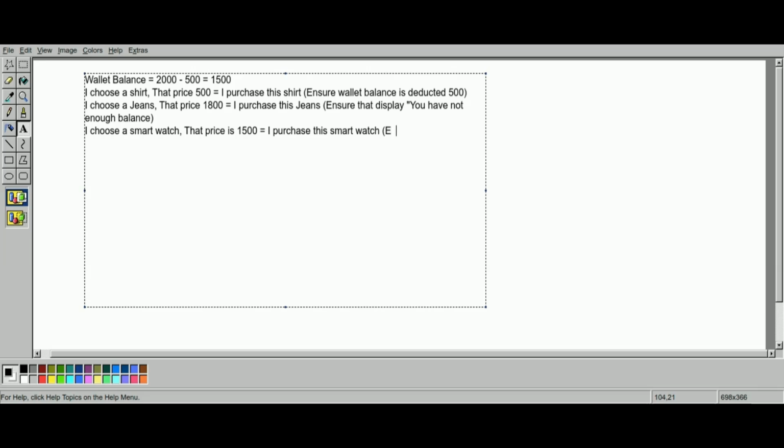After that, ensure the price 1500, and ensure the wallet balance is deducted 1500. Okay, so what will be my balance now?